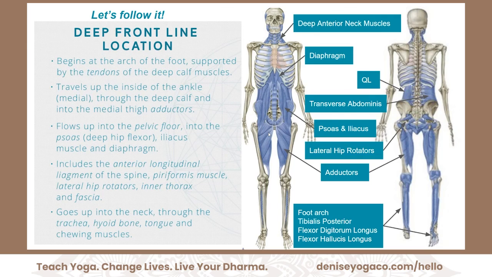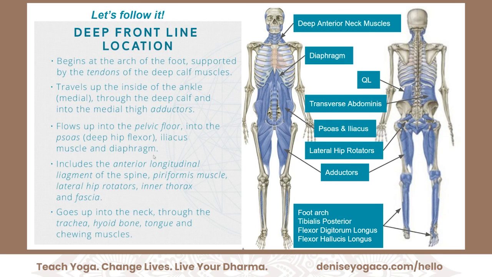We do have a superficial front line, we have a superficial back line, and we have a deep front line. We don't have like a deep back line, right? It's just the deep front line, and it's called the front line because it's for the most part in front of the spine, okay? And yeah, I'll leave it at that. Who knows? I mean, Tom Myers named all these structures and lines and everything, so that's probably enough to say about that. It's his thing.